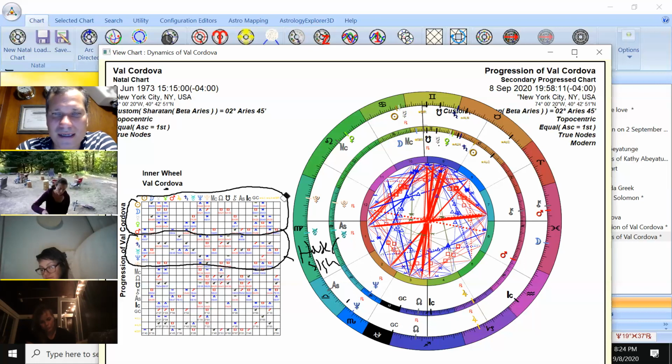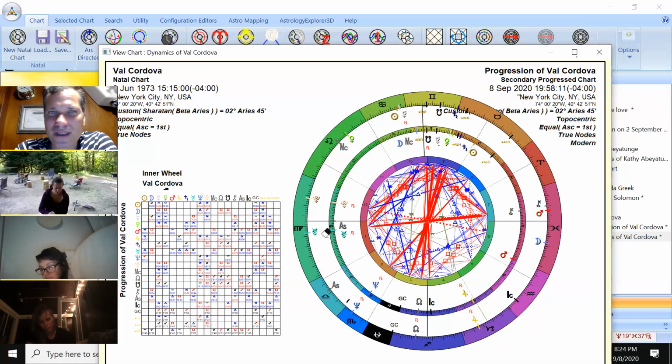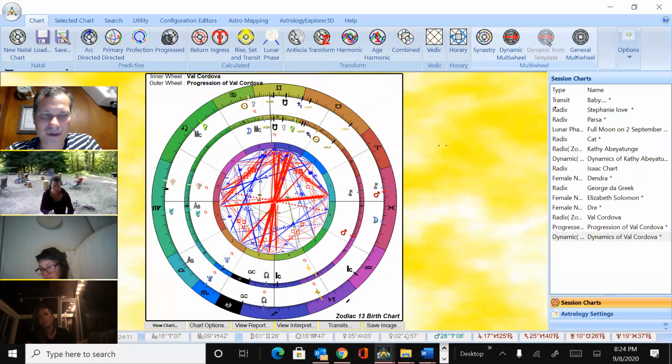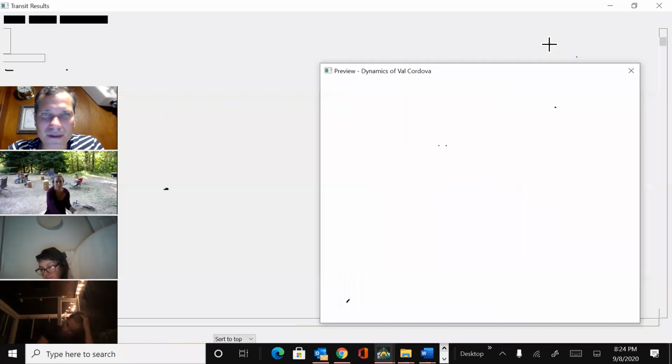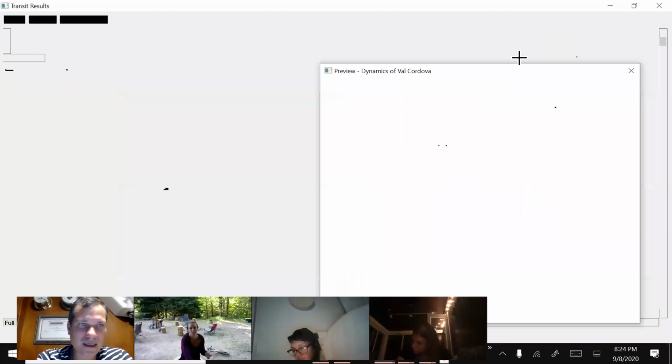But that's just looking at progressions this way. Remember, we also have this chart. All right, that's Dre's chart. Let's see here. So we also have this chart, where you can see all the purple ones are the progressed planets.